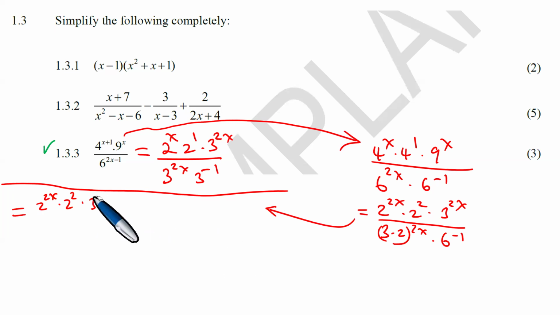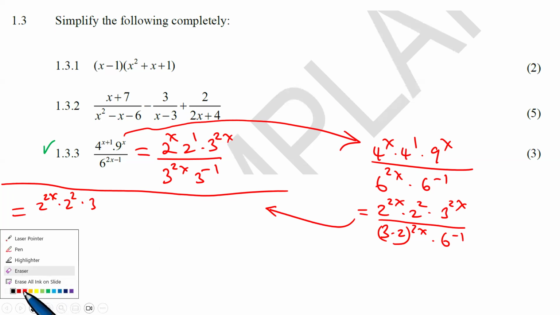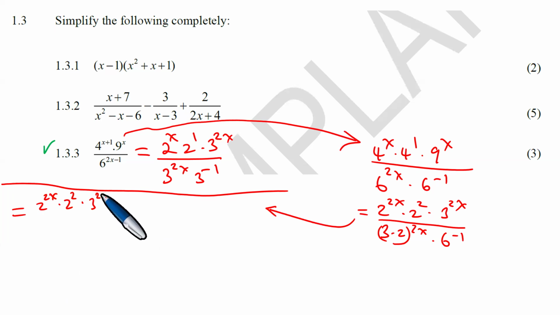So this is 3 to the power 2x, then you have division. If there are numbers that are not perfect squares, like 6, 6 can be written with factors 3 and 2. You could also say 6 has the factors 6 and 1, but those are not good because you're going to be moving in circles.